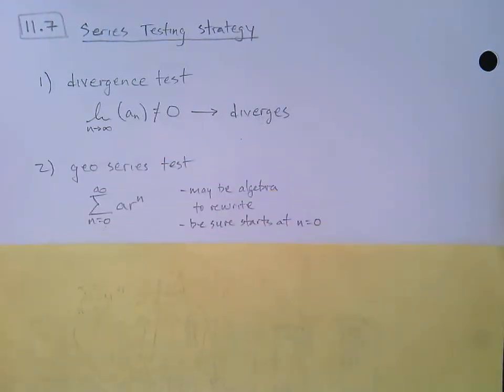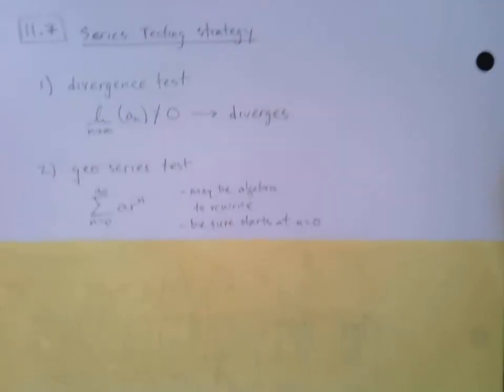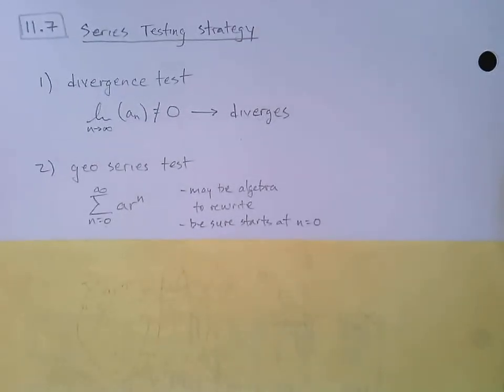Number two, maybe you recognize what you're looking at as a geometric series, right? If you see a r to the n or something very close to it, then you might very well use the geometric series test, which is a very fast test itself.